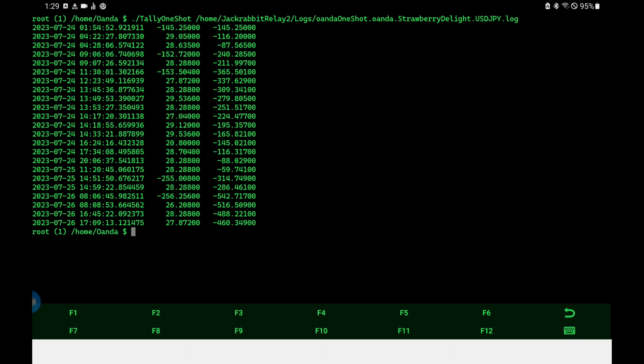So even though a 5 pip take profit is statistically more profitable than any other combination that this analysis demonstrates, it doesn't mean you're going to simply be printing money all the time.